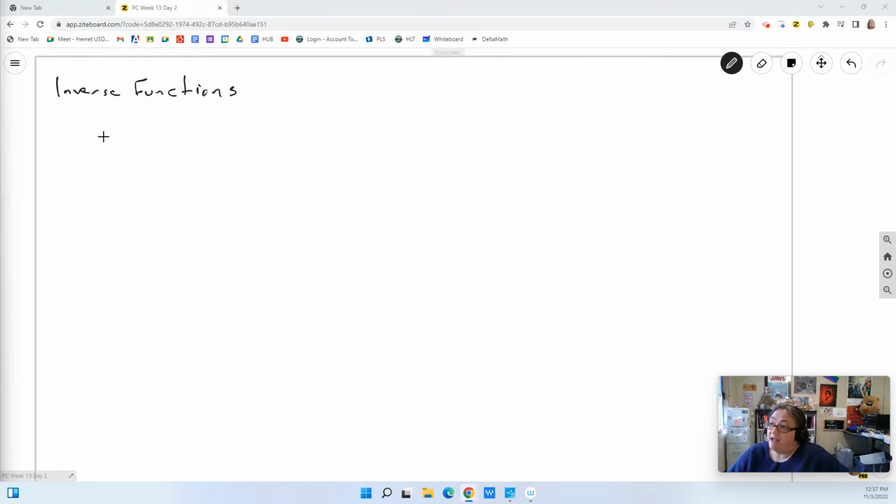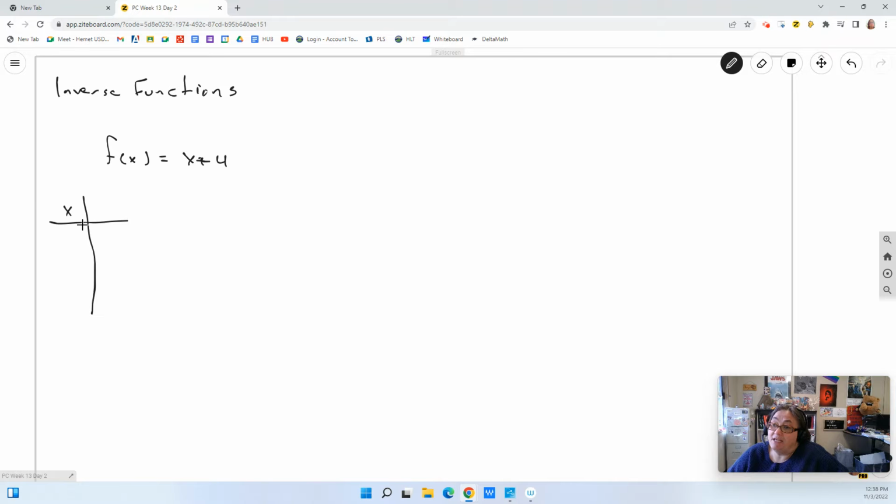So say I have this function, f of x equals x plus 4, right? And say I have this set A, which is my x values, right?